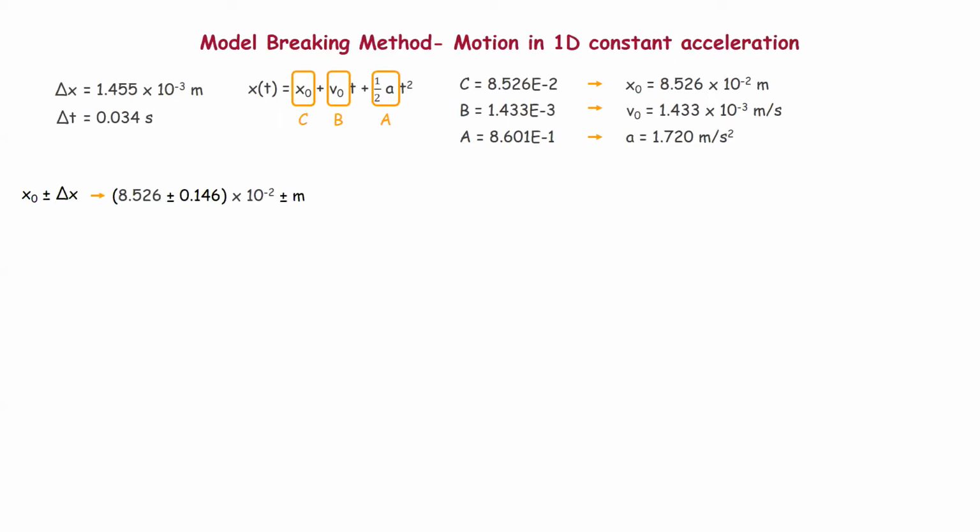It's going to be 0.146 meters, because I will record x0 to be 8.526 times 10 to the minus 2 meters. After the decimal, you have to be careful that we have only 3 digits in the result, so the error must have 3 digits after the decimal point. So it's going to be 0.146 times 10 to the minus 2 meters.